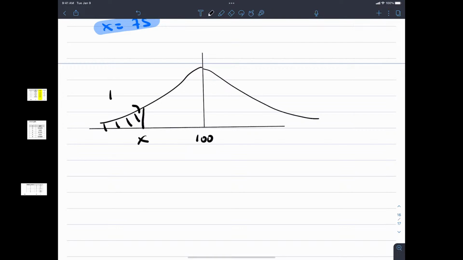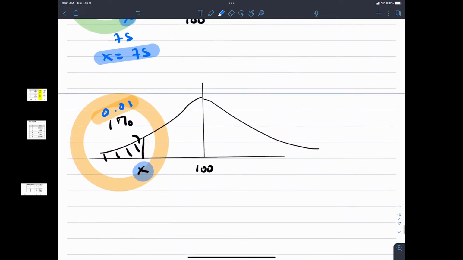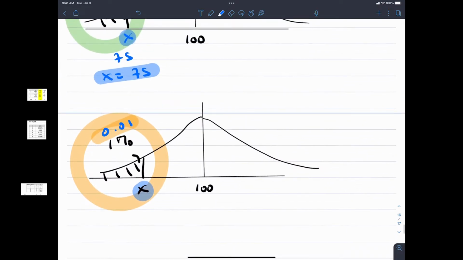This is now going to be 1%. And how do you represent 1%? 0.01. Again, a left tail. This is the bottom. So I might just write that down, left tail here.